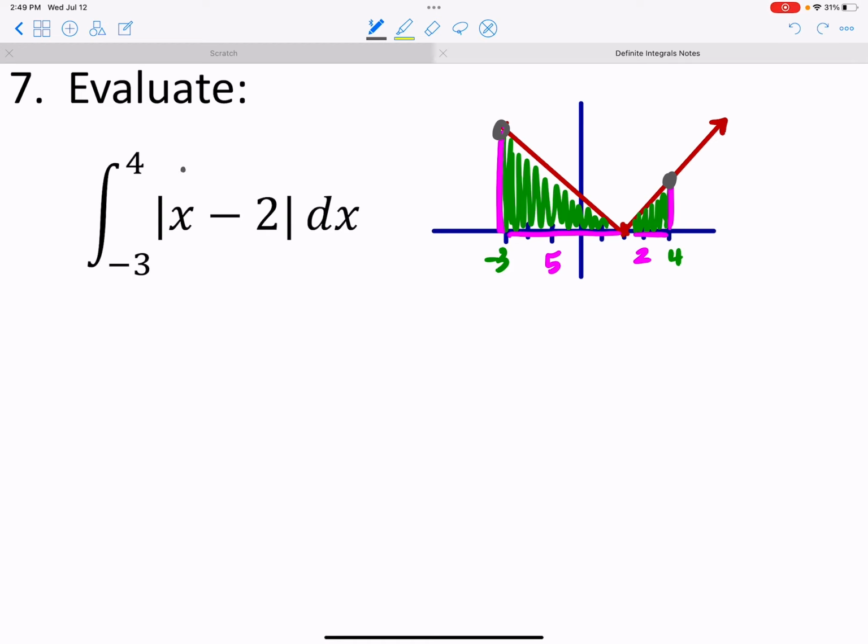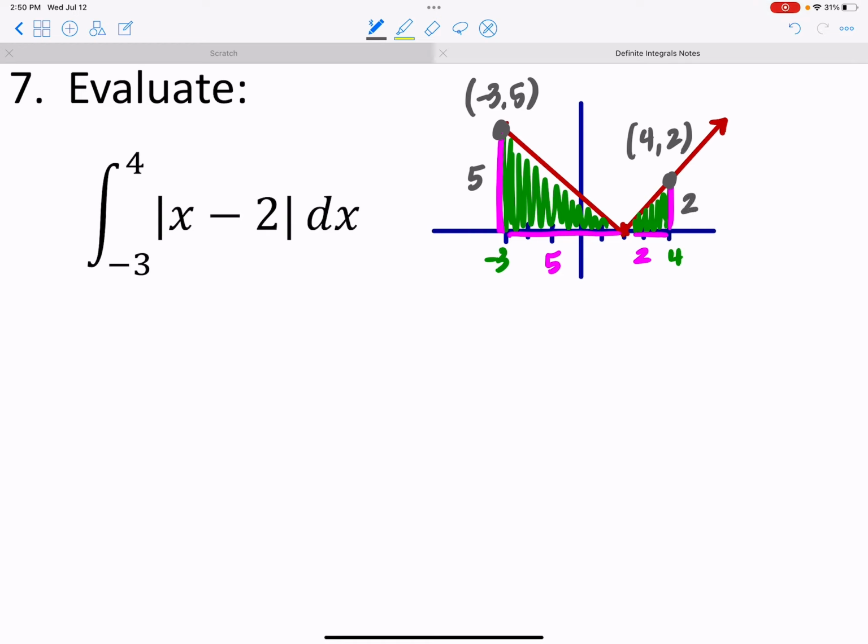If I input -3 into my function, -3 minus 2 is -5. The absolute value of -5 is +5. So the coordinate here would be -3, 5, which means we've gone up 5 units to get there. And if I plug 4 into my function, 4 minus 2 is 2, and the absolute value of 2 is 2. So the coordinates here are 4, 2. That means I've gone up 2 units to get there.